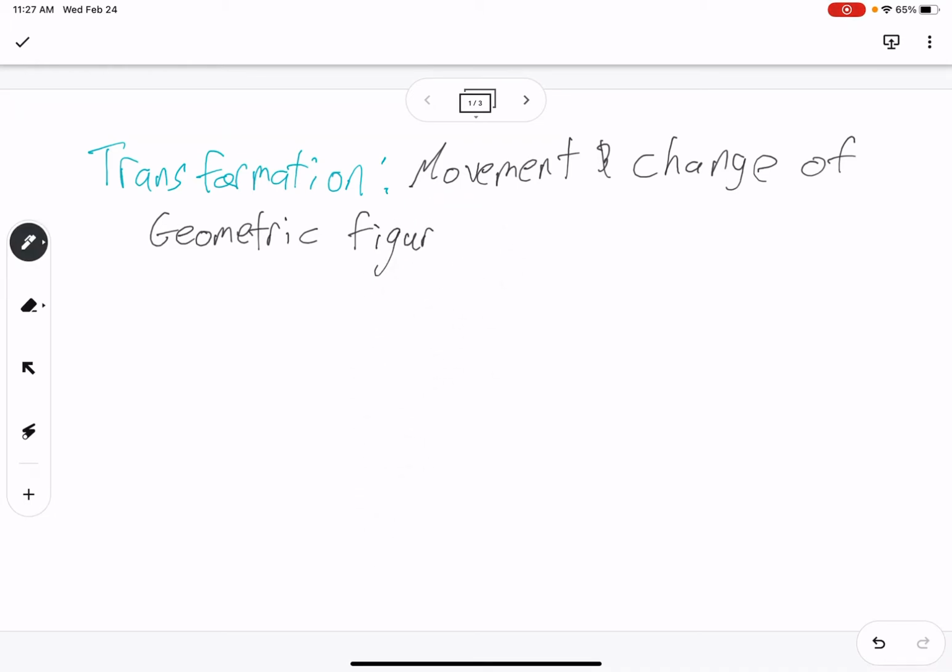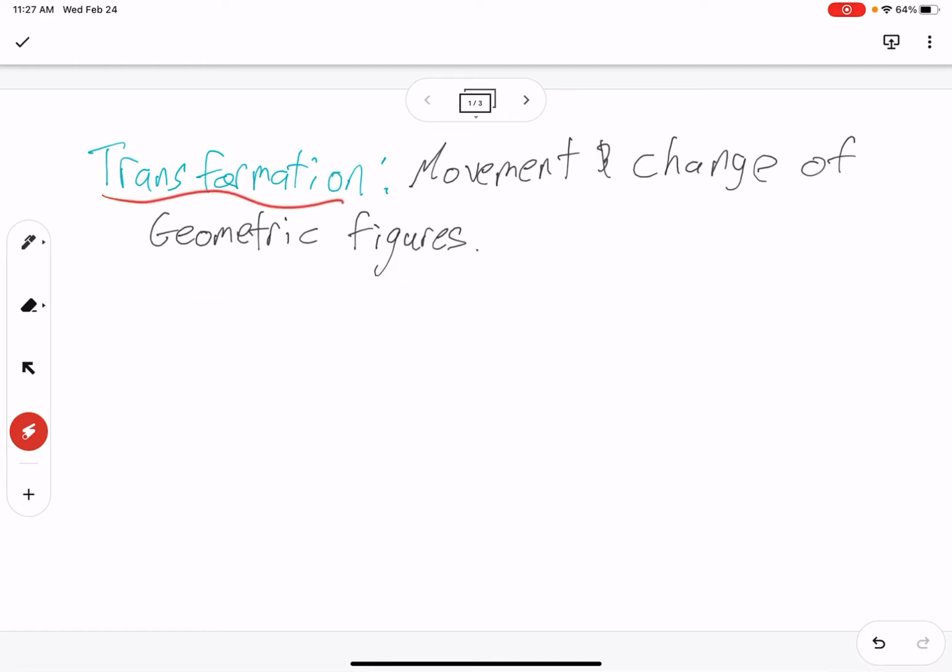Figures. All right, so that being said, does anybody know what geometric means? Well, it comes from the word geometry. So all it means is that it's figures that we use or see in geometry.